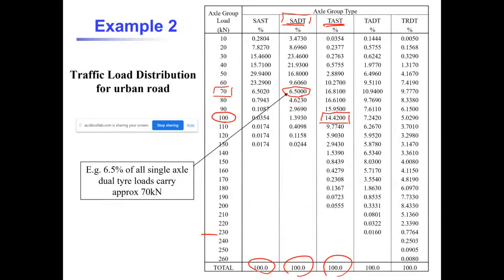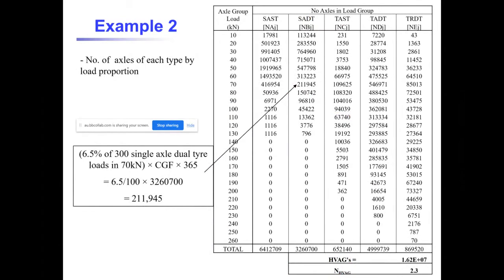So you can simply multiply that with these percentages to determine the number of single axle dual tires with the weight of 70 kilonewton, for example, right? And the summation becomes equal to the number of the single axle dual tires. So I explain once more how we determine this.